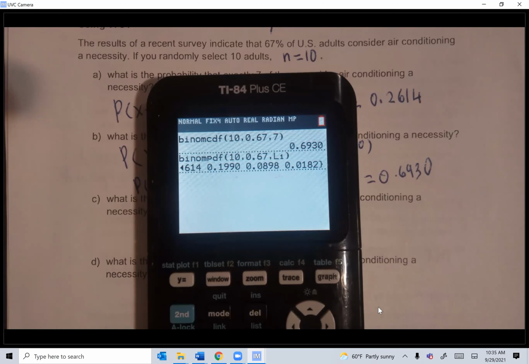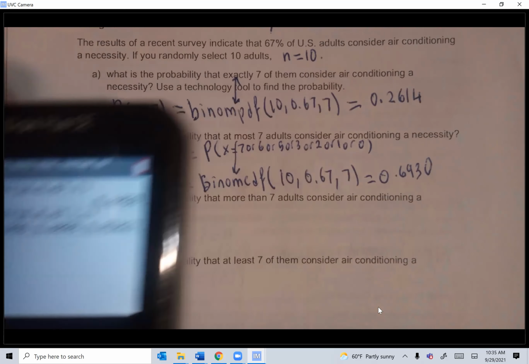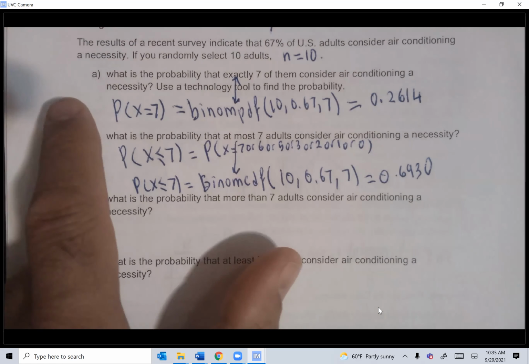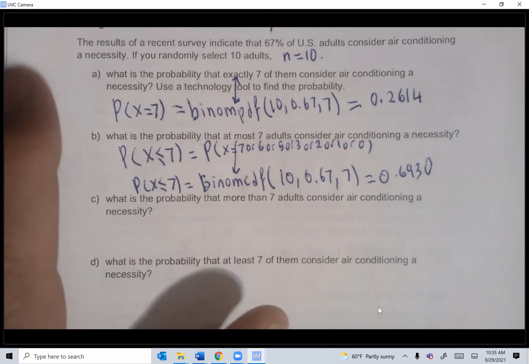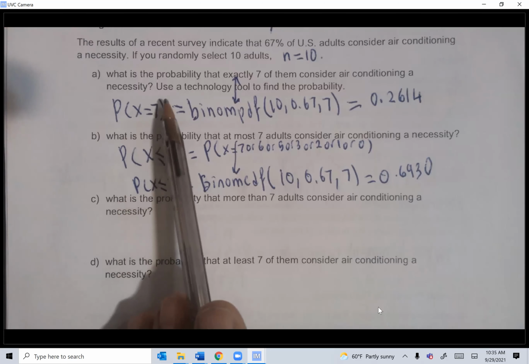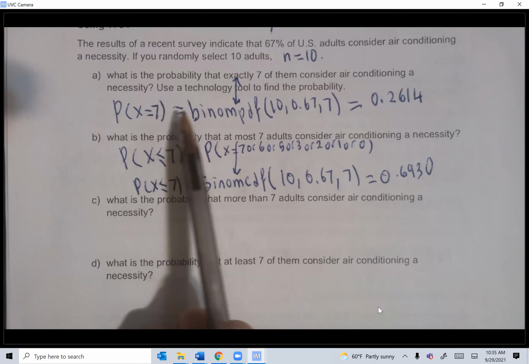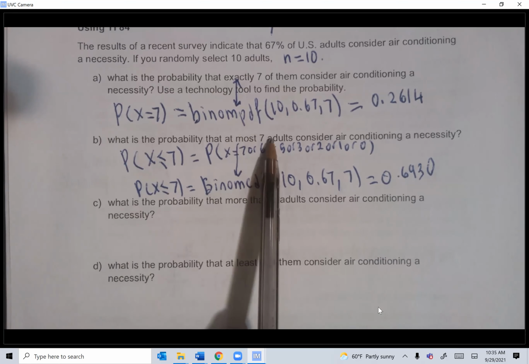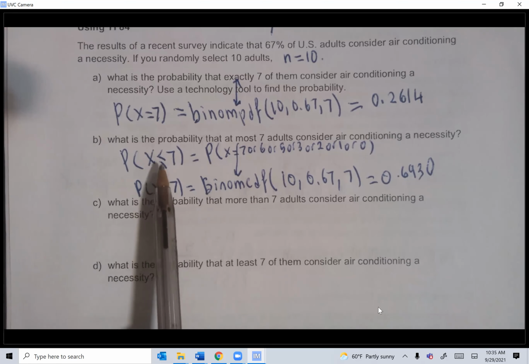Rather than doing all that work and adding them up, it's all done right here. So I'm going to go very slow with this question, guys, because this is pretty much it for this section. So for exactly, we use binomial PDF, and for at most 7, we use binomial CDF.